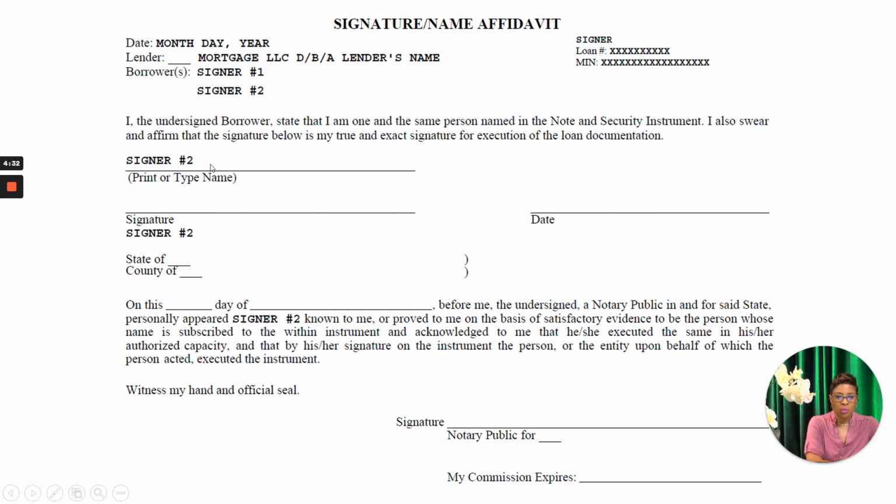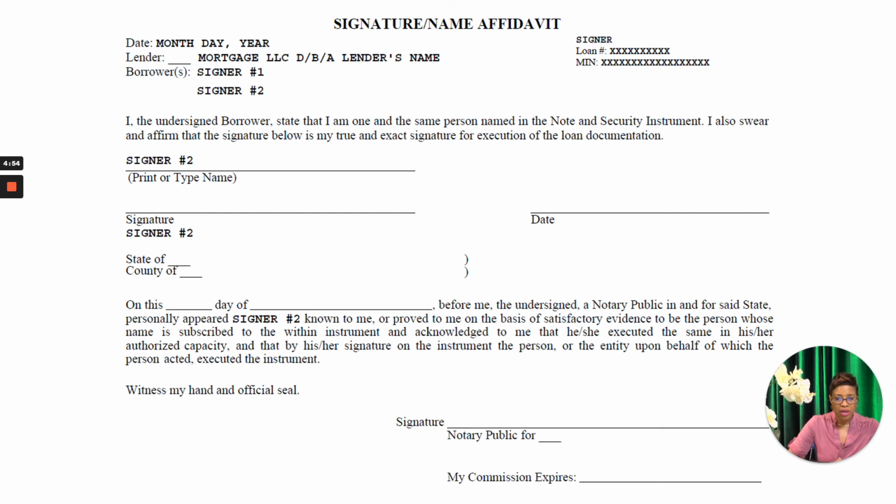So then signer number 2 will print their name, sign their name, date the document, and then you have your notarial portion down here, right? If this were me, it would be state of Texas, county of Harris, on this 23rd day of November. Before me, the undersigned, a notary public in the state of Texas.